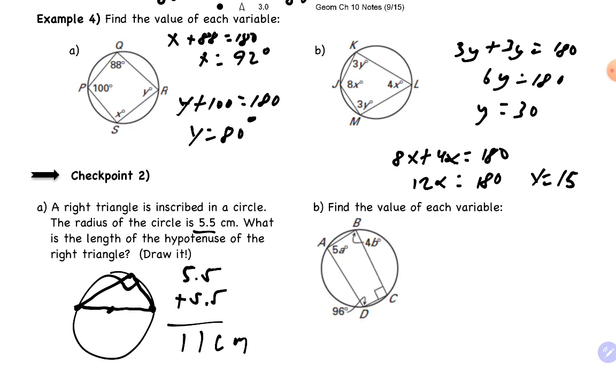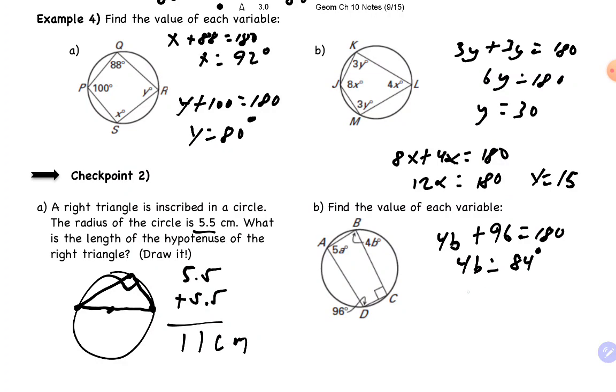Part B. So we have a quadrilateral inscribed in a circle. Because it's a quadrilateral, we know that opposite angles in that polygon add up to 180. So 4b equals 84.